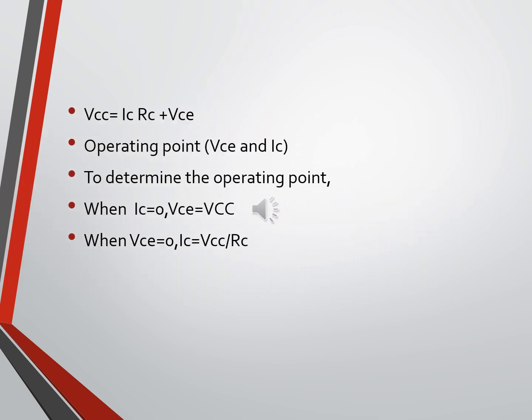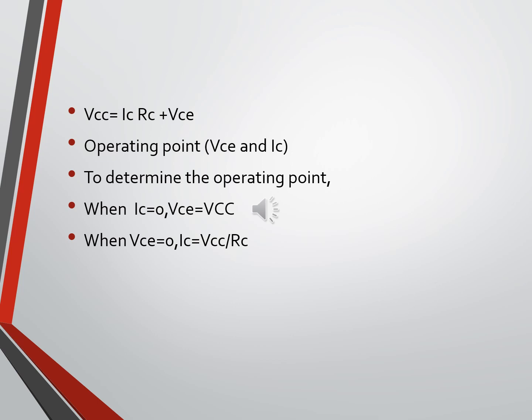So in order to evaluate the performance of different biasing circuits, the stabilization factors are defined. The various parameters responsible for the variations in Q point are mainly the temperature variation, which is the most important thing affecting the stability.